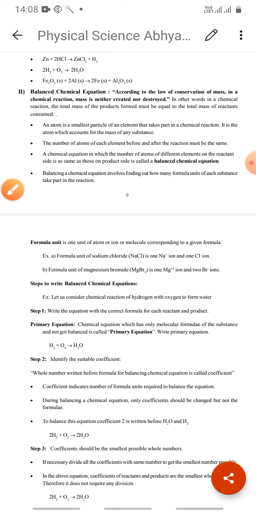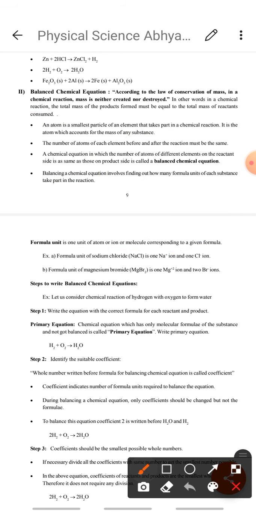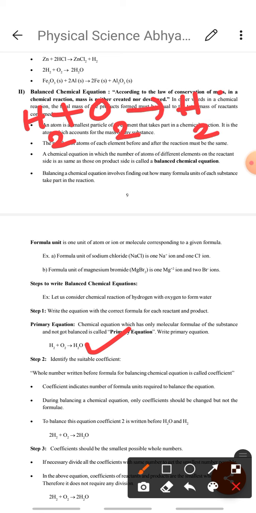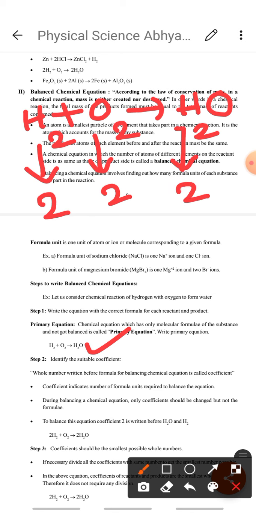So next, balancing steps. H2 plus O2 gives H2O. This equation is given here. If you calculate the number of atoms, hydrogen atoms 2, oxygen atoms 2, here hydrogen atoms 2, oxygen atom only 1.